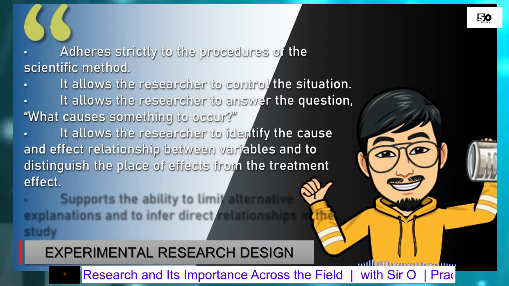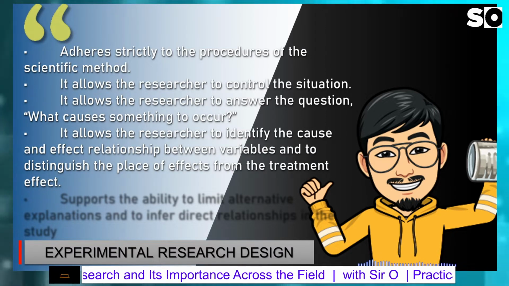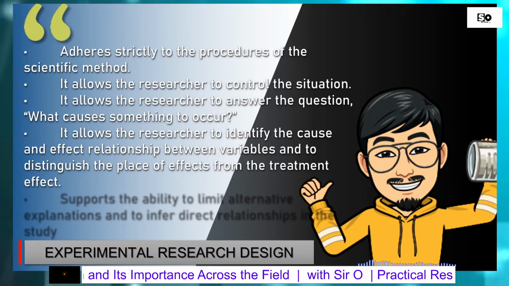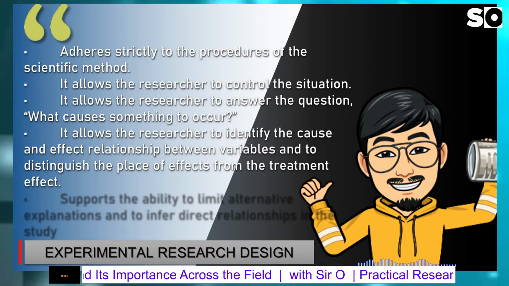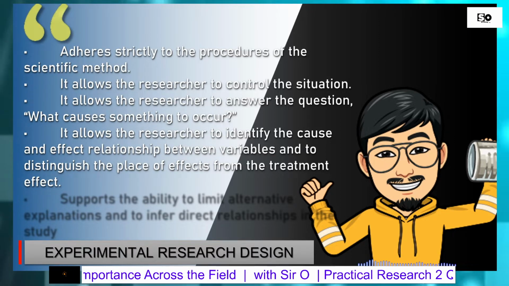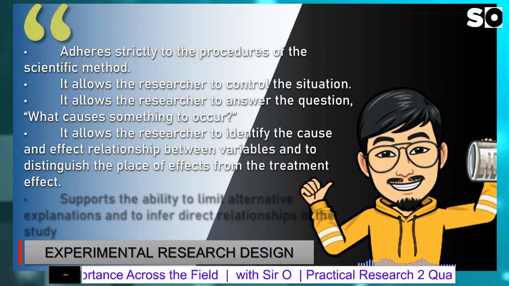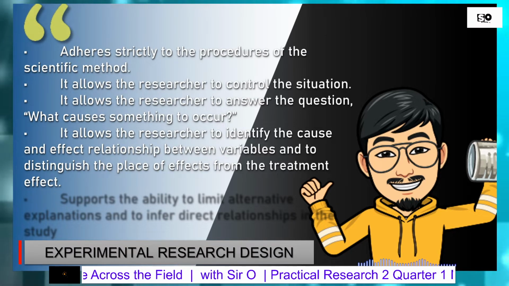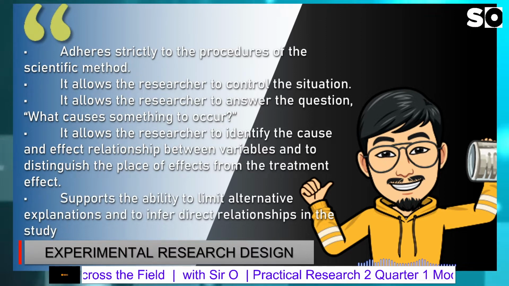It allows the researcher to identify the cause and effect relationship between variables and to distinguish the place of effects from the treatment effect. Pinapayagan itong kilalanin ng mananaliksik ang ugnayan ng sanhi at bunga sa pagitan ng mga variable.